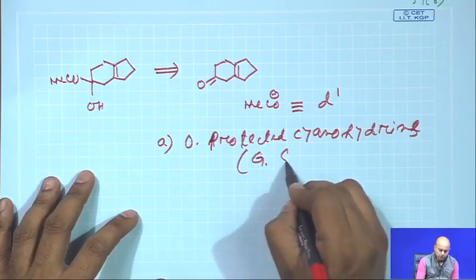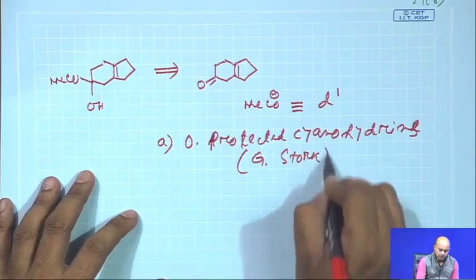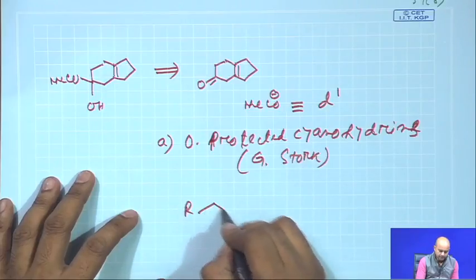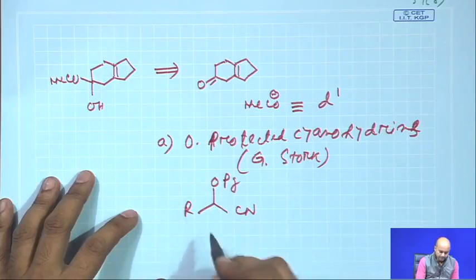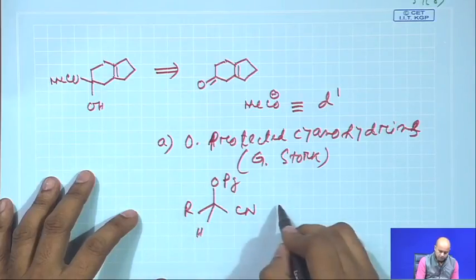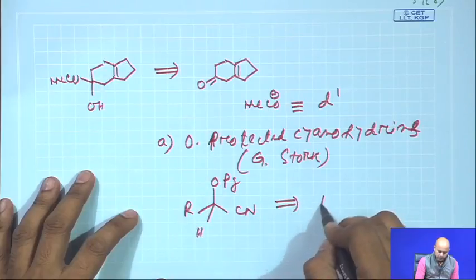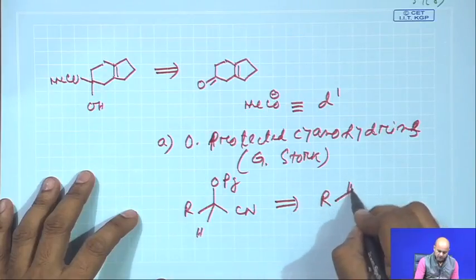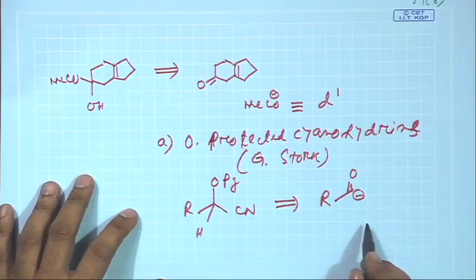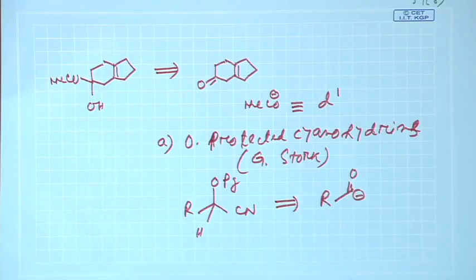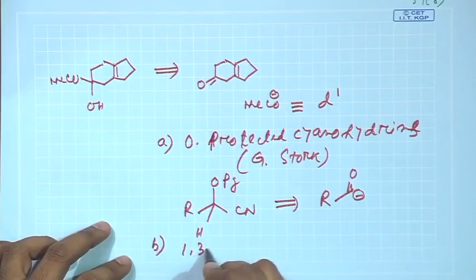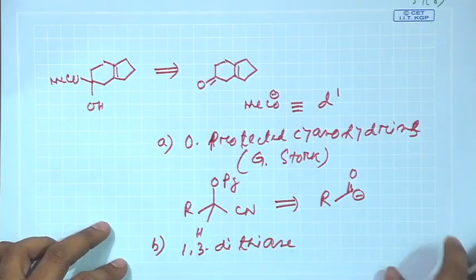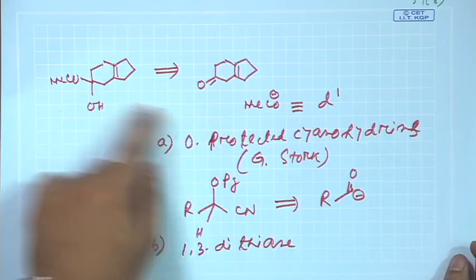Professor Stork was instrumental for this reaction, where I said that if you have an O protected cyanohydrin, you can easily abstract this hydrogen, and that can give you a very nice Umpolung species. So, in principle, you can definitely use 1,3-dithiane chemistry. You can also use this O protected cyanohydrin chemistry as discovered. So, these are simple things.